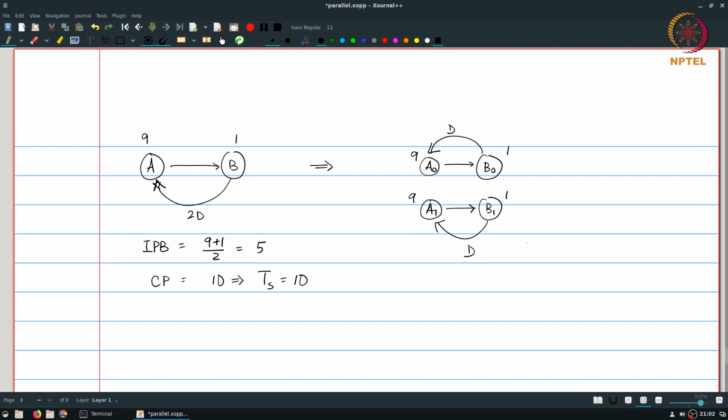What about on the right hand side? I find that my iteration period bound is actually equal to 9 plus 1 by 1. Right? Note that now I have only one delay element on each of the loops present over here, which means that the iteration period bound is equal to 10.